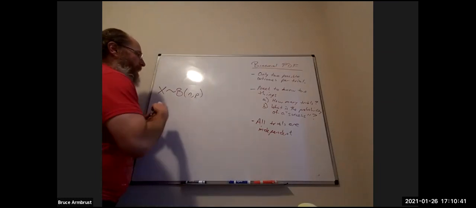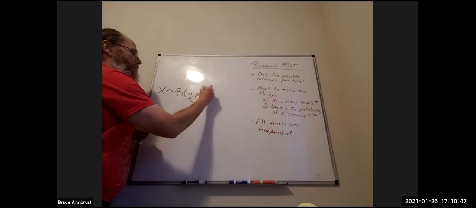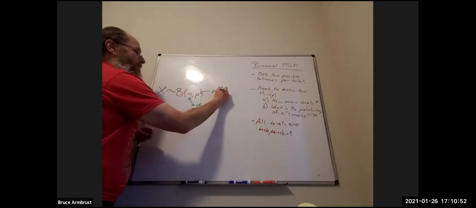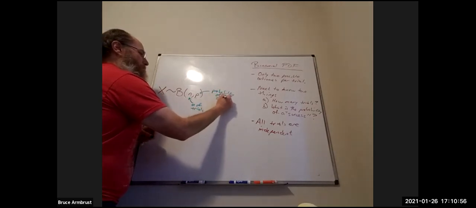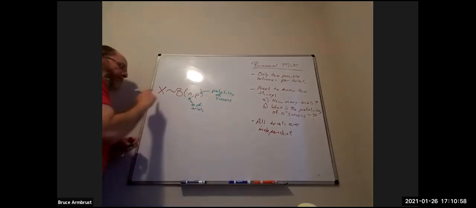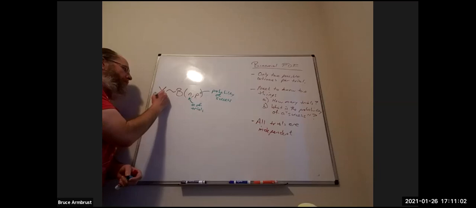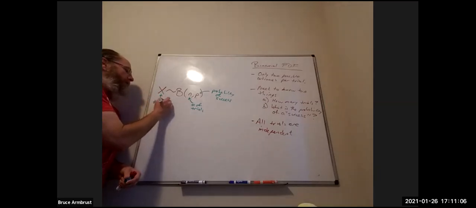All right, so again, N is your number of trials. P is the probability of the success. And what big X is, this is a measure of the number of successes.